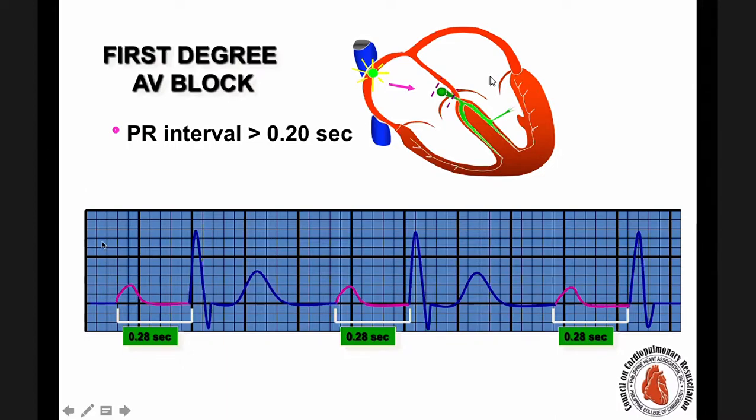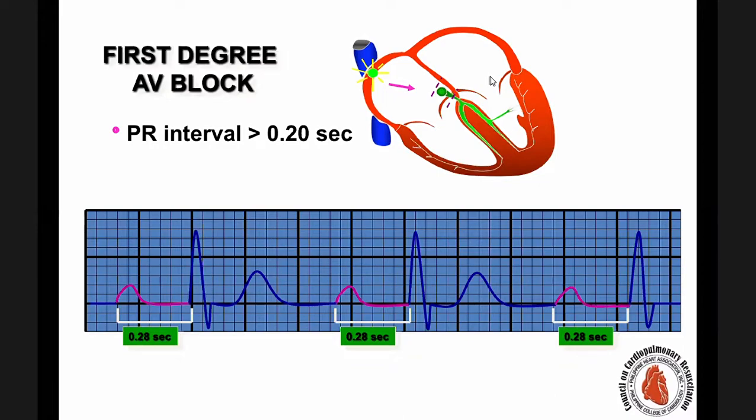In every beat, P wave to QRS complex, meaning it conducts to the ventricles, but it's just so prolonged, more than 200 milliseconds. So in this particular example, the PR interval is 280 milliseconds or 0.28 seconds. So this is first degree AV block.